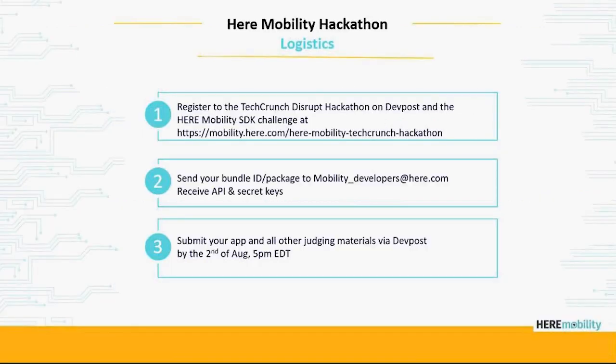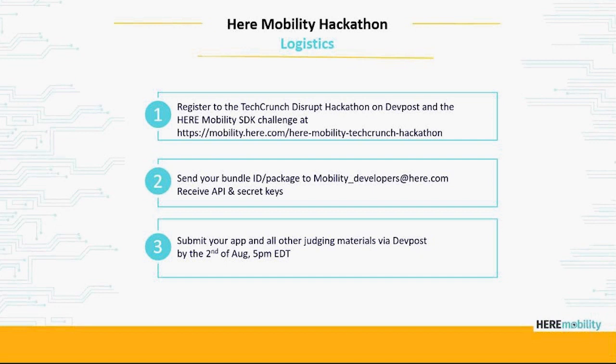So first of all, what do you need to do? Register. You need to register twice. First of all, you need to be registered to the main TechCrunch Disrupt Hackathon on DevPost, and you also need to be registered for the HERE Mobility SDK Challenge on the link shown here. Both of those links are included in the follow-up email that will be sent out, so don't worry about it, you'll get that information.